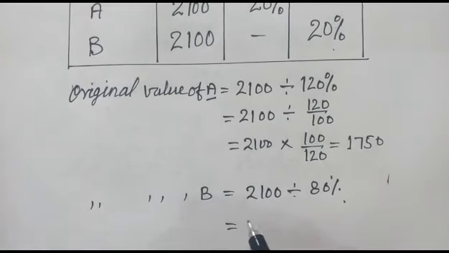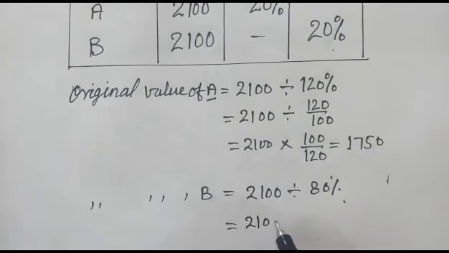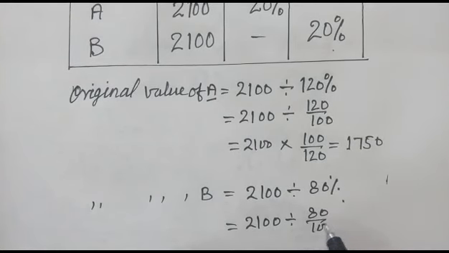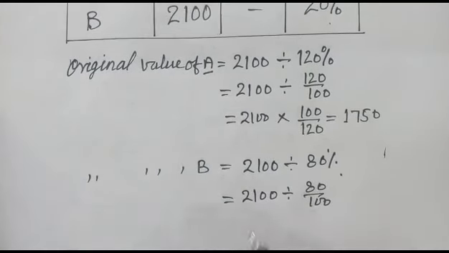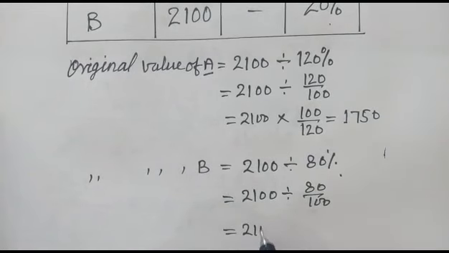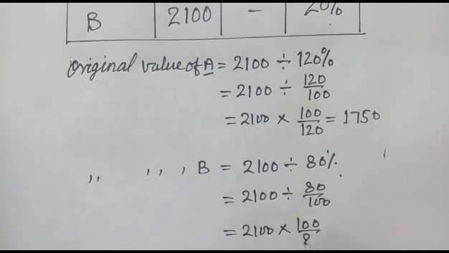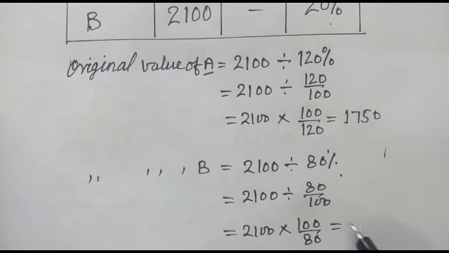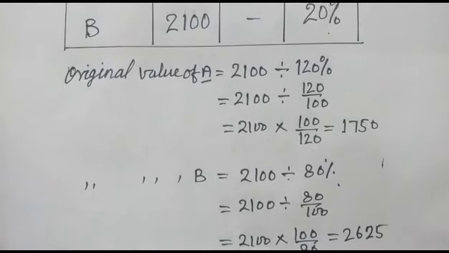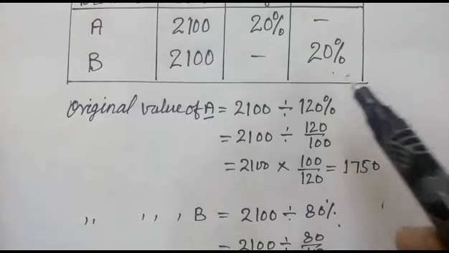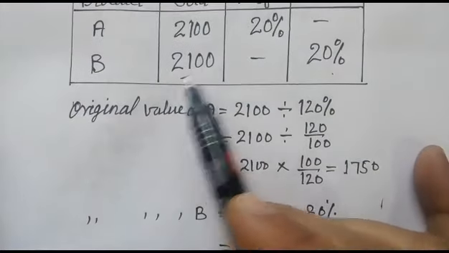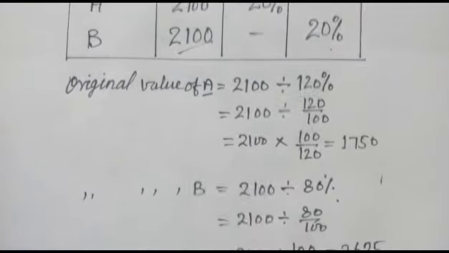So this will be 2100 divided by 80 over 100, right? Now 2100 into 100 over 80. This value will be 2625, right? So he is getting a loss when he sells at 2100.